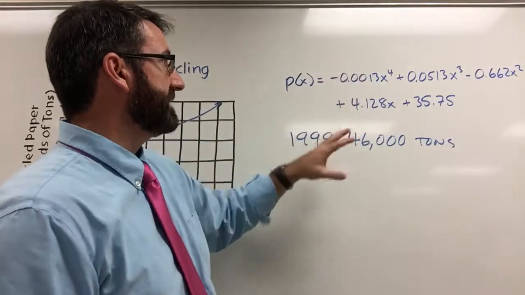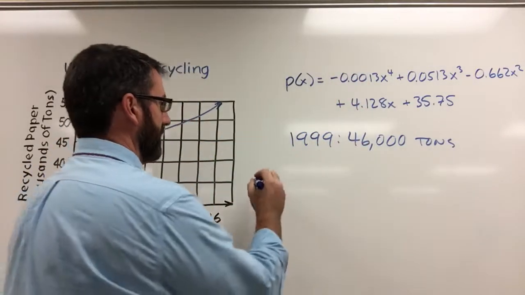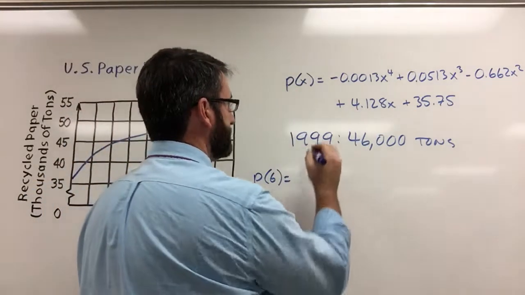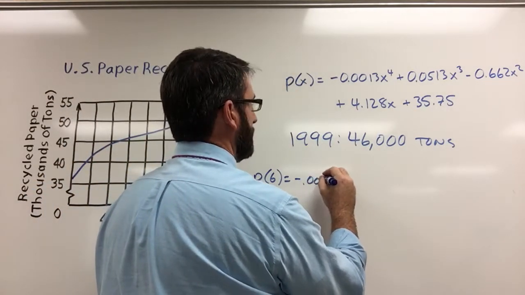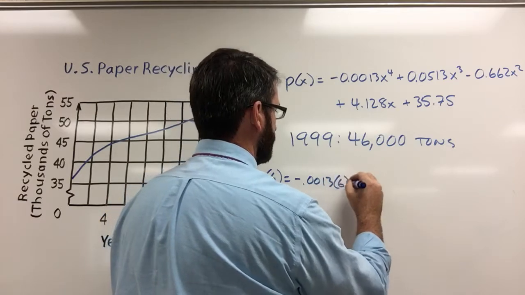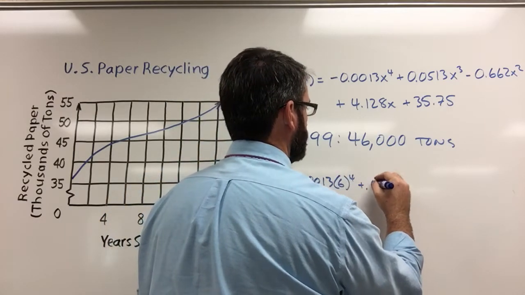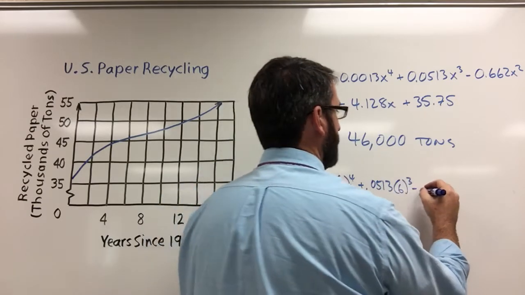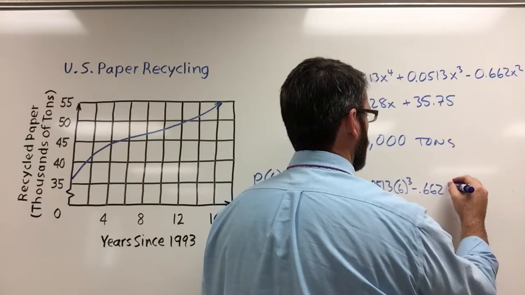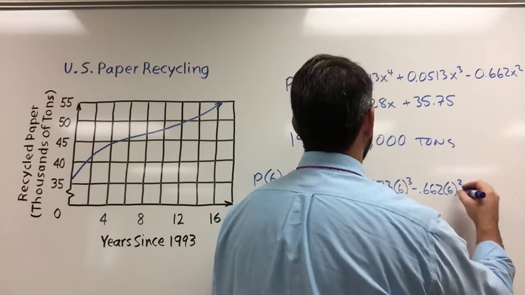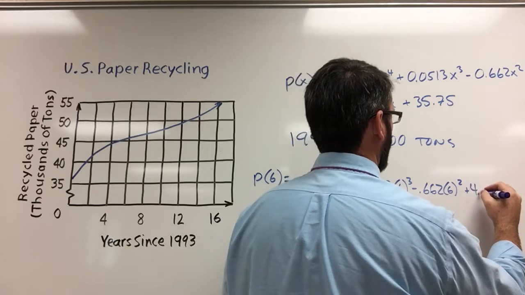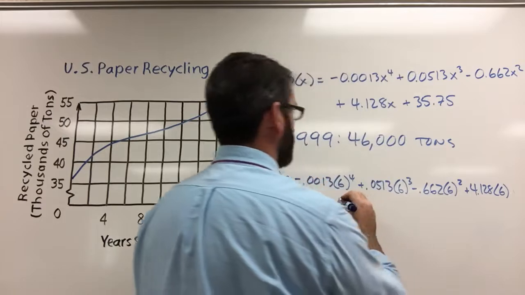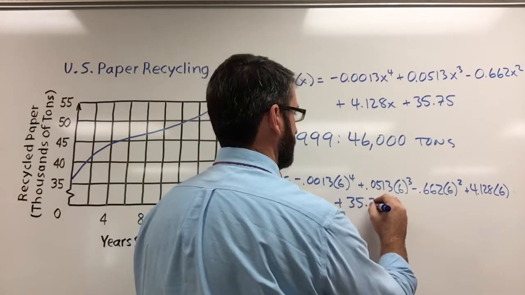And now to confirm this algebraically, we've got to do a little bit more work. We're going to plug in 6 for x: 0.0013 times 6 to the fourth plus 0.0513 times 6 to the third minus 0.662 times 6 squared plus 4.128 times 6 plus 35.75.